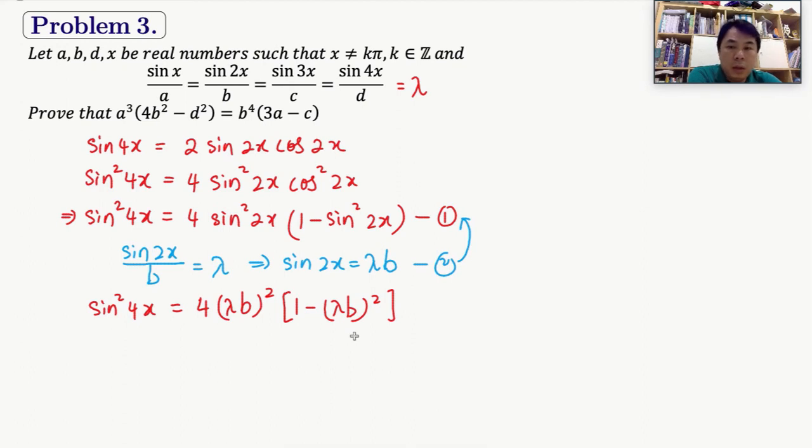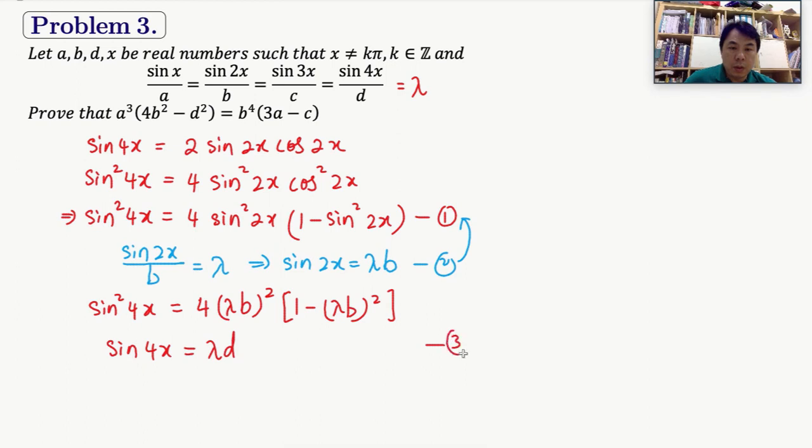Right. Now, not only that, using sine 2x equal to lambda b, we can express sine 4x also at the same time. Knowing that sine 4x divided by d is equal to lambda, we can also make use of this expression. So from here we know that sine 4x is actually equal to lambda d.